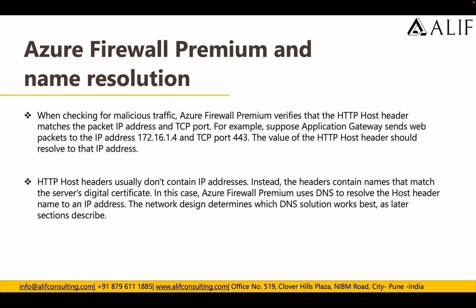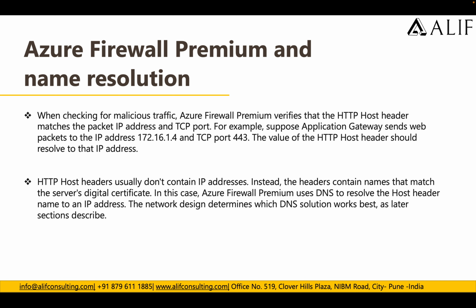Another thing is how Azure Firewall Premium and name resolution happen inside the architecture. When checking for malicious traffic, Azure Firewall verifies that the HTTP header matches the packet IP address and port. For example, suppose the application gateway sends traffic to the IP address 172.16.1.4 on TCP port 443.